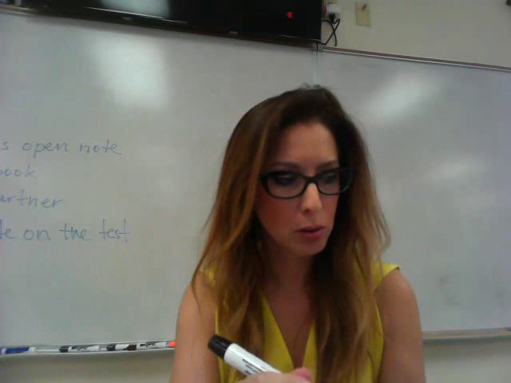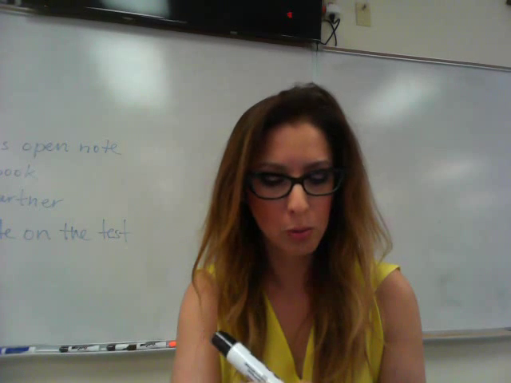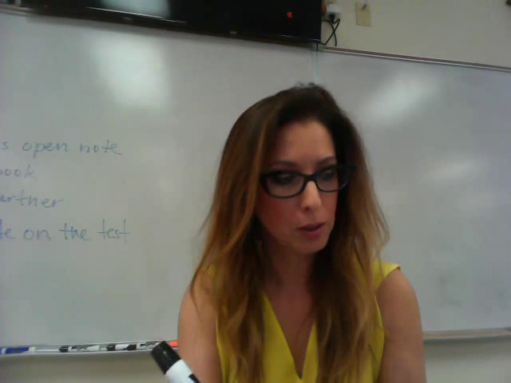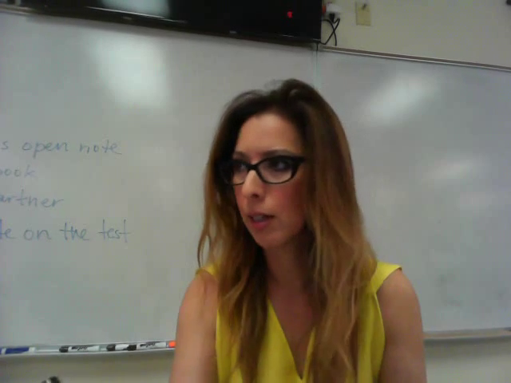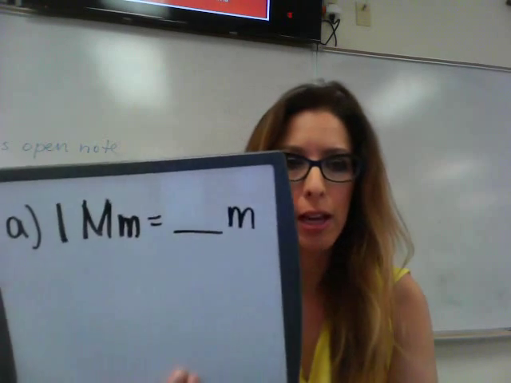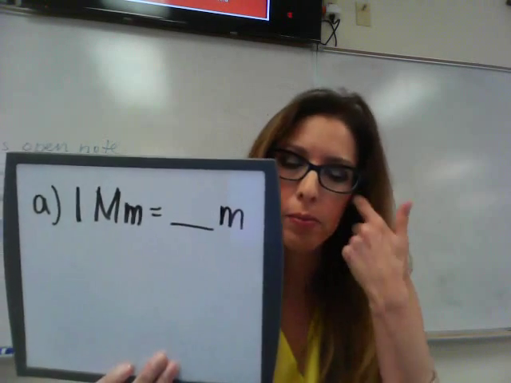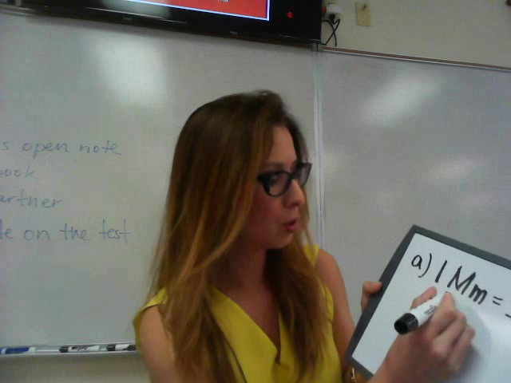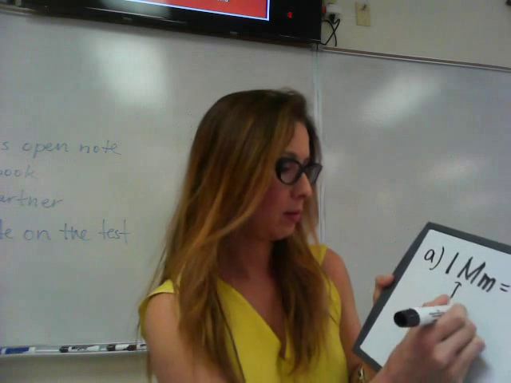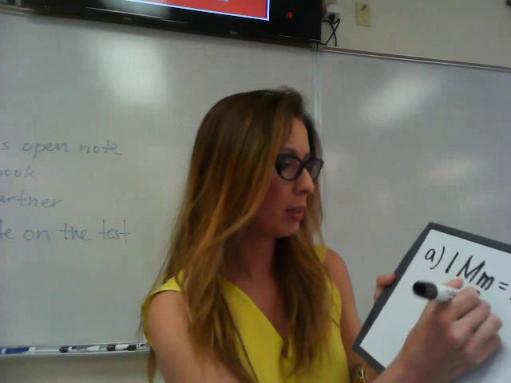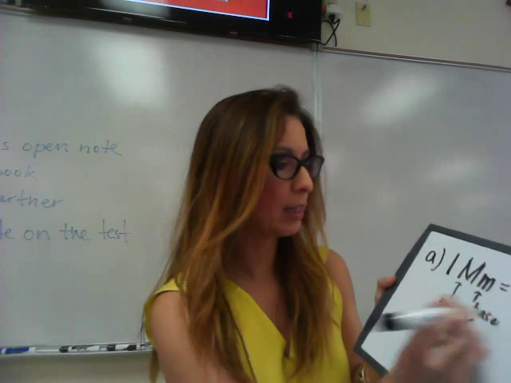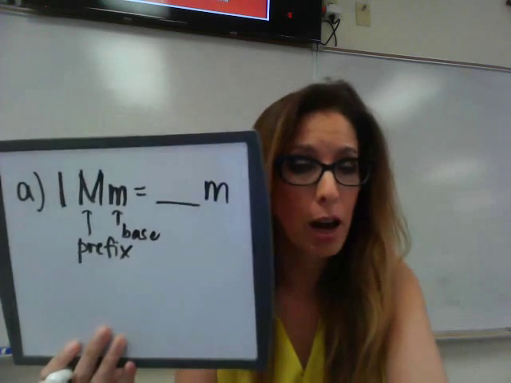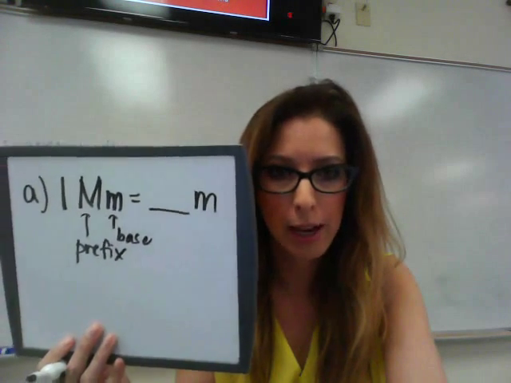So if we're looking at student exercise number 2, where it says 1 megameter equals how many meters, then what you're going to do is notice that the number 1 is written next to the prefix. When you have 2 letters in a unit, the first letter is the prefix, the second letter is the base unit. You have to recognize that, okay?